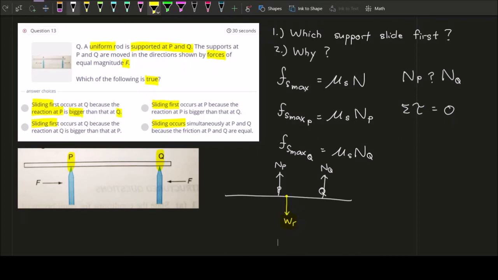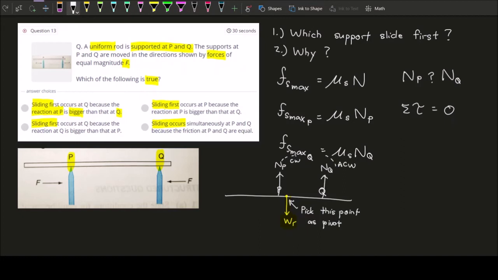So what we can do is pick this point as the pivot. If we pick this point as the pivot, then we do our sum of torque equals 0. Then you see that this is a clockwise torque, and if this is the pivot, this one will go that way and is anti-clockwise.